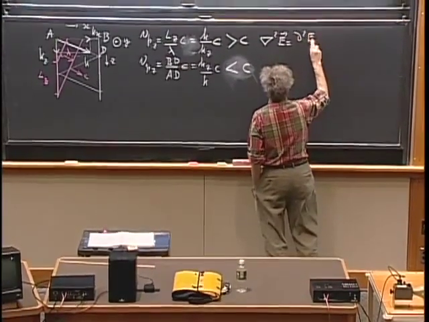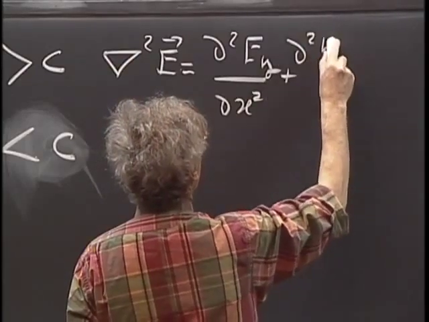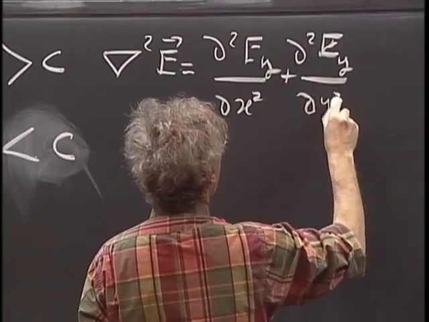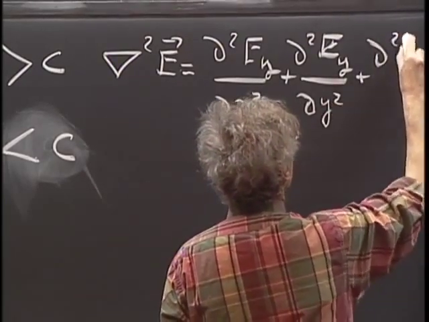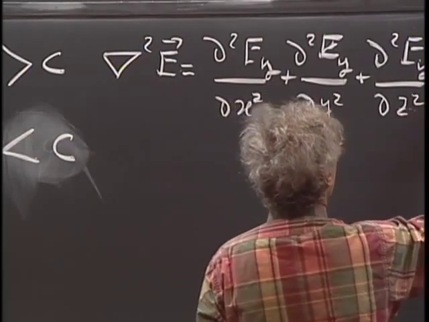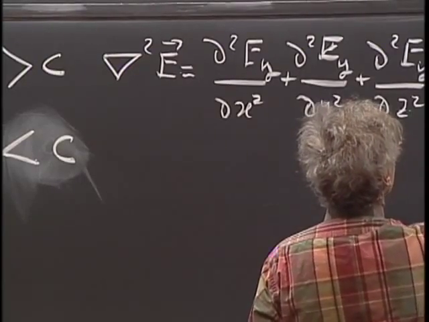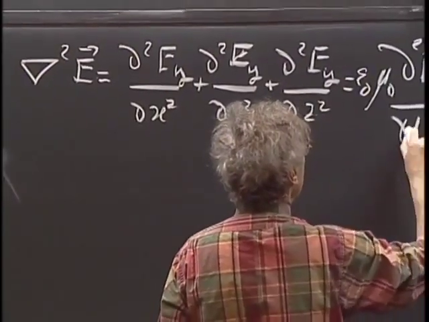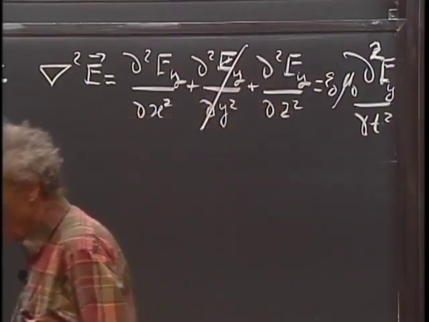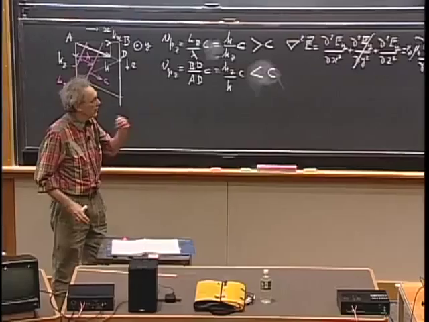So I get d2 Ey dx squared plus d2 Ey dy squared plus d2 Ey dz squared equals epsilon 0 mu 0 times d2 Ey dt squared. And this term does not exist because there is no dependence of the E vector in the y direction.